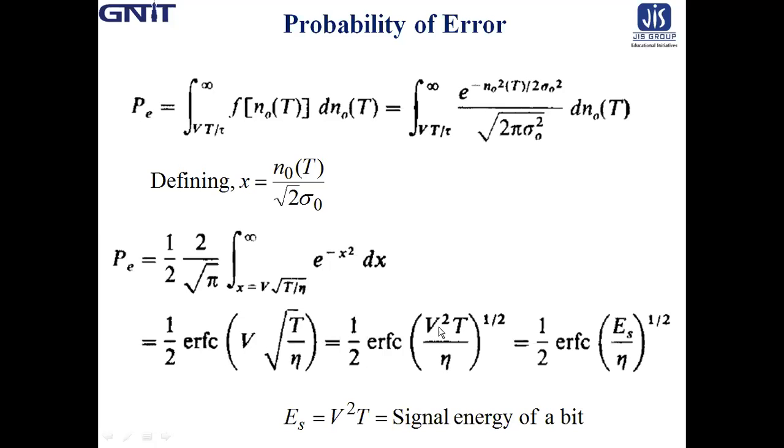Already we knew that V square T is nothing but the signal energy Es, the energy of a bit. Therefore the probability of error is half ERFC of Es by eta to the power half.